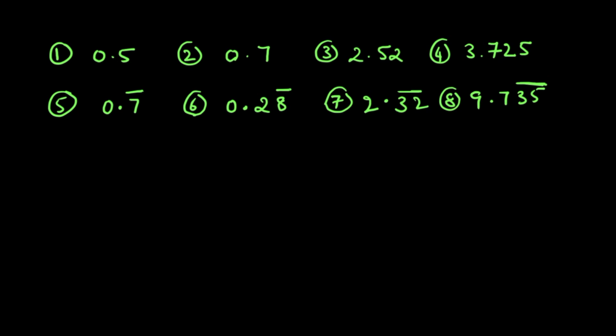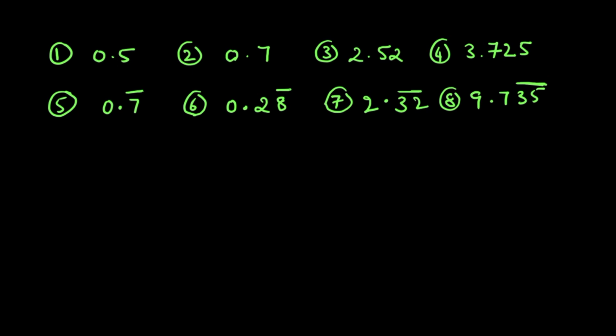And you know very well, non-recurring decimals we cannot write in the p by q form. Why? What is the reason? I will explain why we can't write in p by q form. For example, in the first row, questions 1, 2, 3, 4 belong to terminating decimals. It's very clear, for terminating decimals we multiply numerator and denominator by 10 or 100 or 1000, depending on the decimals.